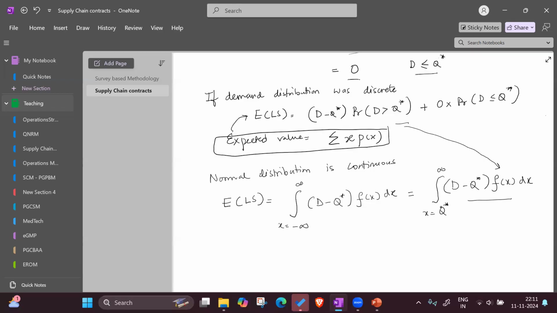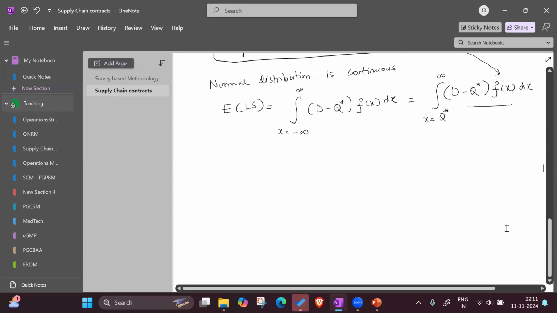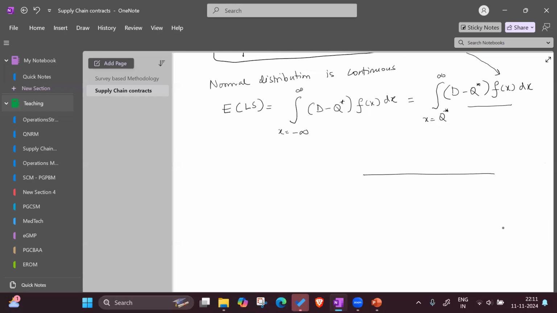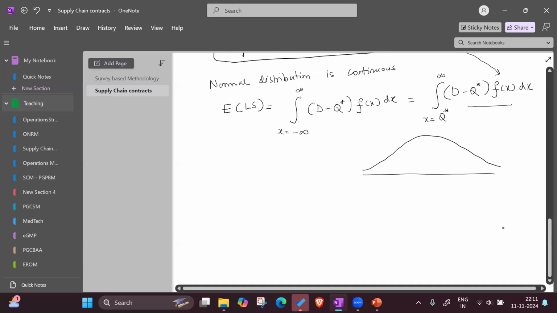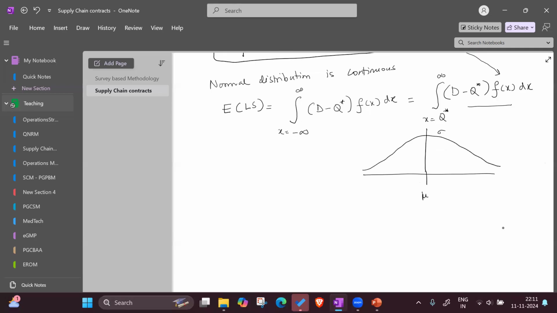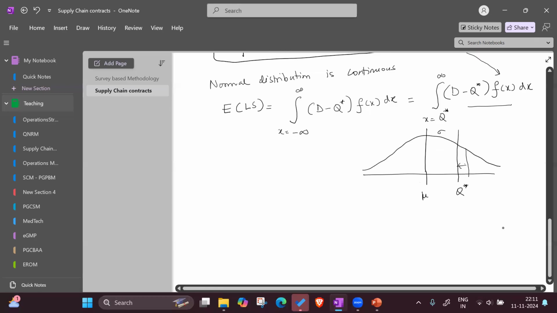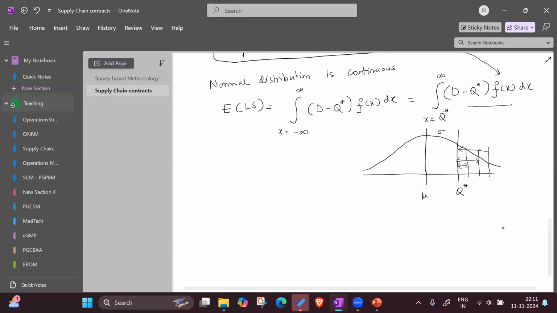So basically what we are saying is, give me a particular distribution, which is like this. This is the distribution, this is the mu, this is the sigma. If you are ordering Q star, what is this, what is this, what is this?